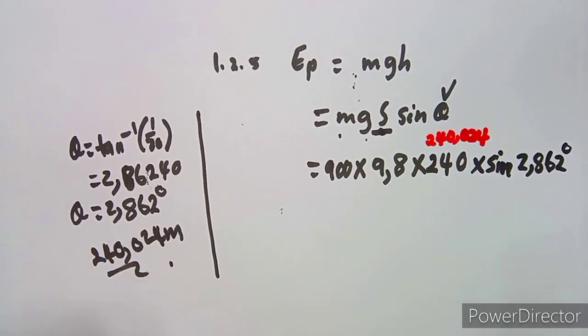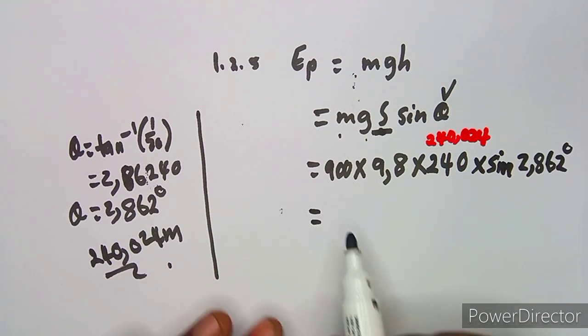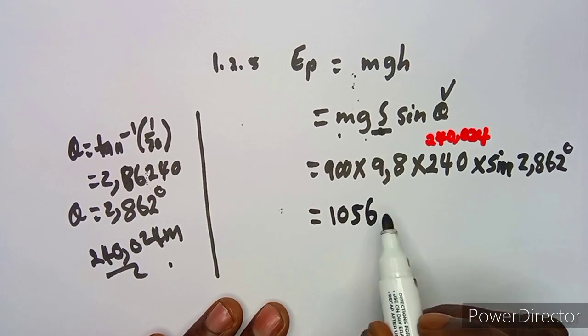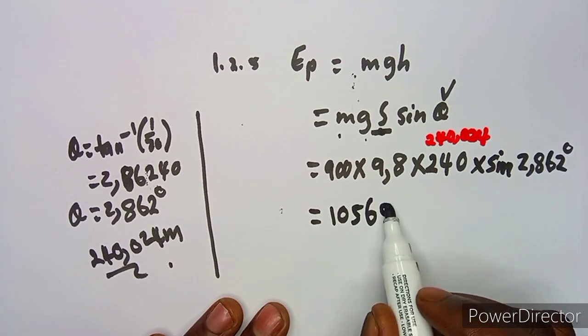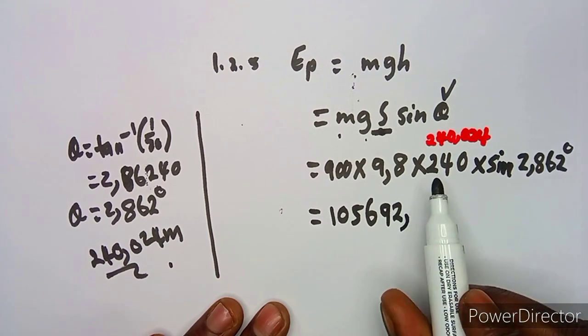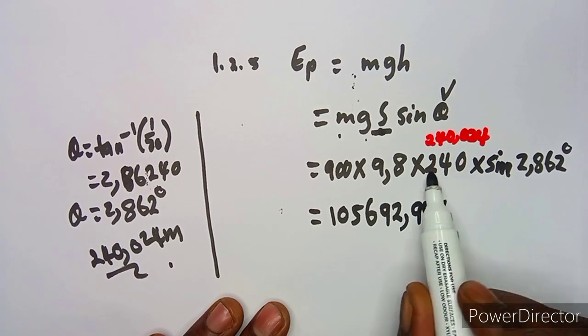That's what you're going to have in this case, which is going to give us something like 105692.9951.